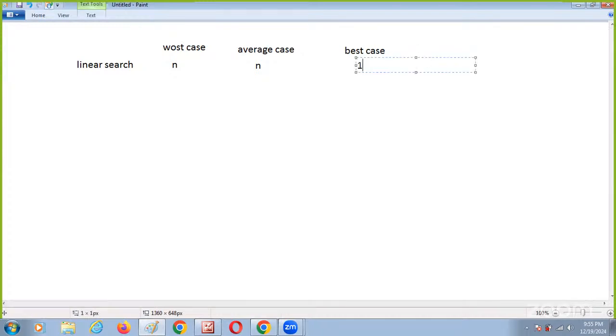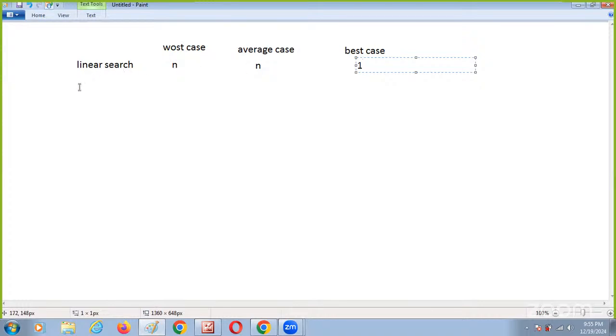Why? If the searching element is present in the root node, that is the best case. Worst case means it is present at the last or it is not found. Average case means it may be somewhere in the middle.